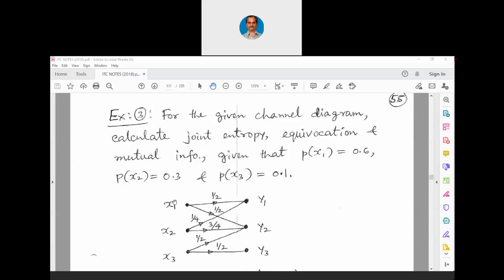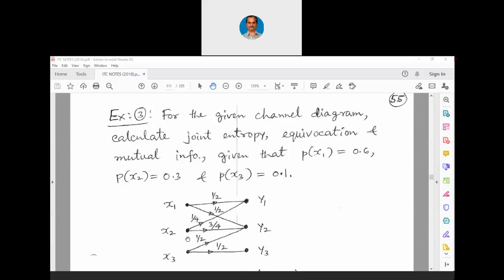Let me leave out x1. Coming to x2, P of y1 slash x2 is 1/4. P of y2 slash x2 is 3/4. P of y3 slash x2 is not there. Again, 1/4 plus 3/4 is 1. That means this channel has no probability of obtaining y3 when x2 is transmitted.